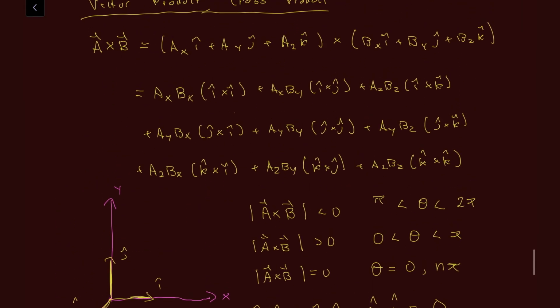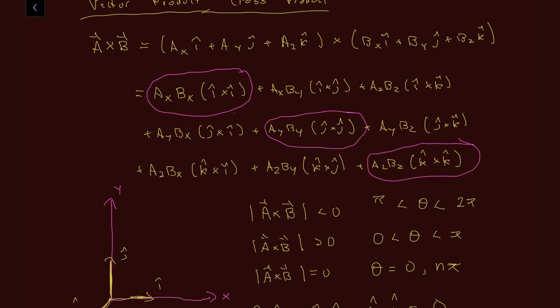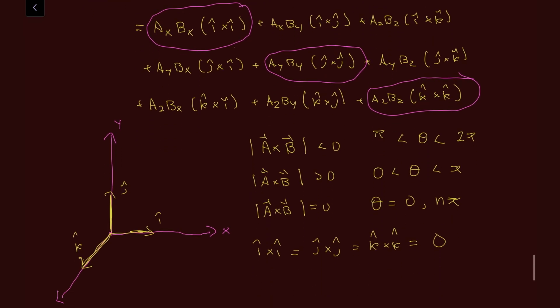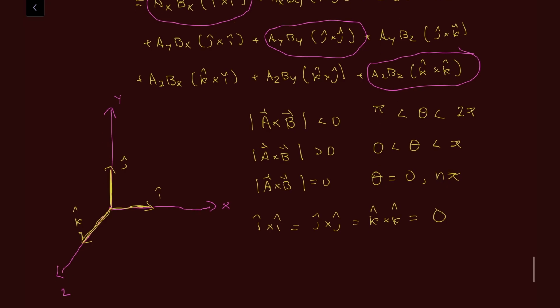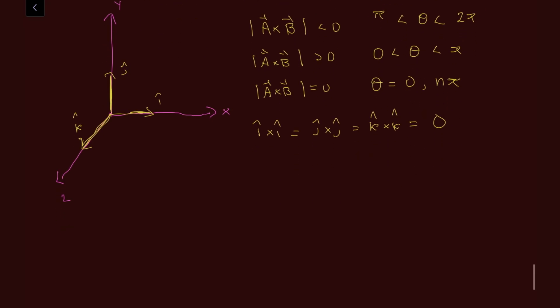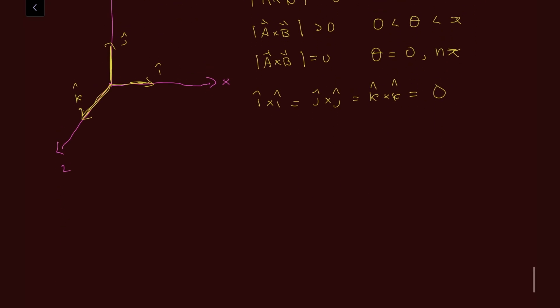So from that, we know that these components following this diagonal are 0. They just get removed. Cool. That leaves us with 6 more terms. And in order to solve those, we have to introduce the right-hand rule for cross products.